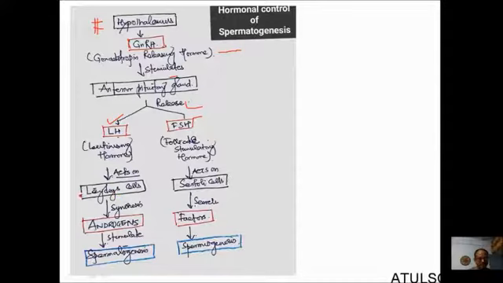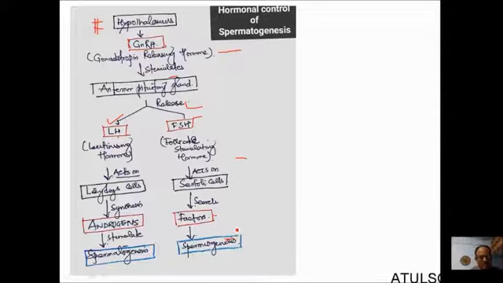Another hormone is FSH, follicle stimulating hormone, which acts on the Sertoli cell and it secretes some factors. These factors help in the process of spermiogenesis or the differentiation of spermatocytes into spermatozoa.